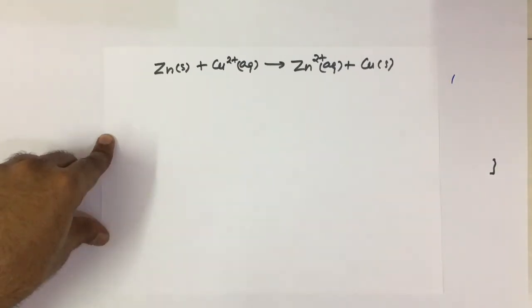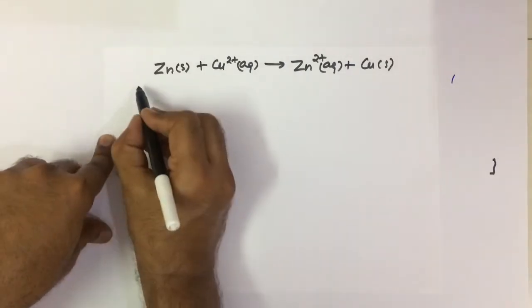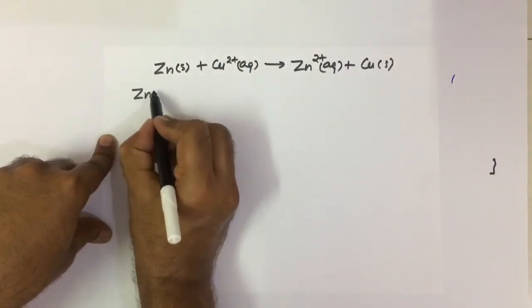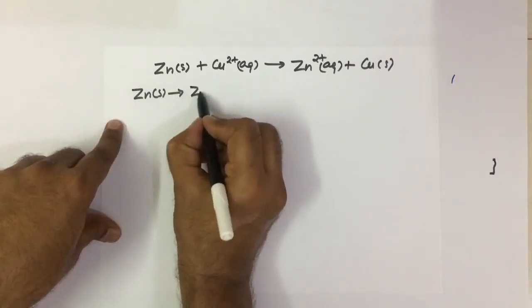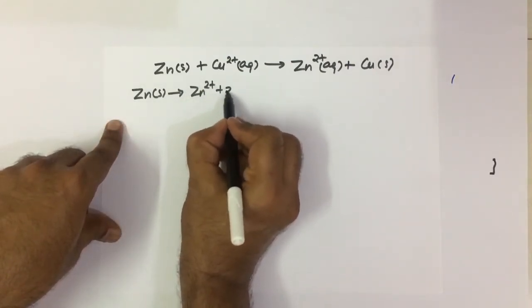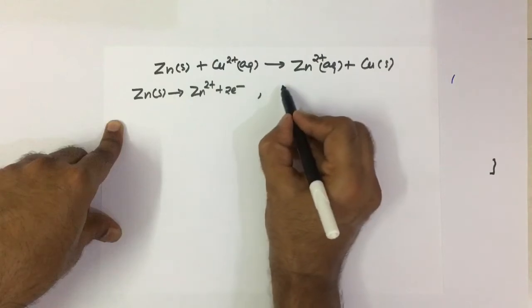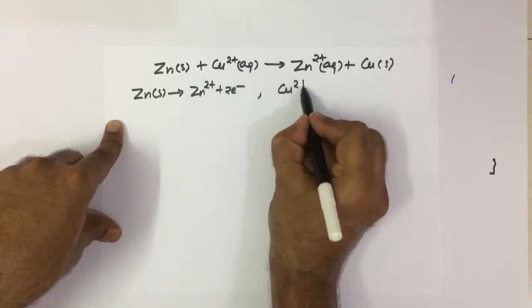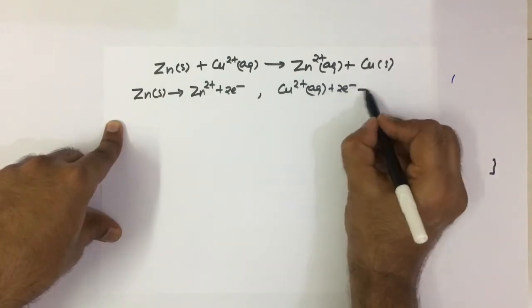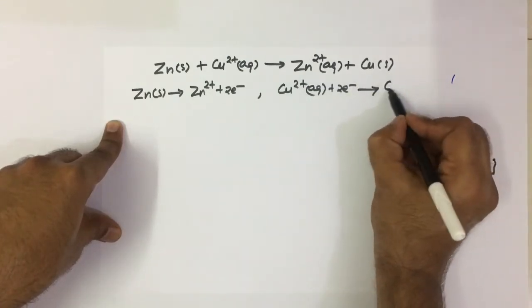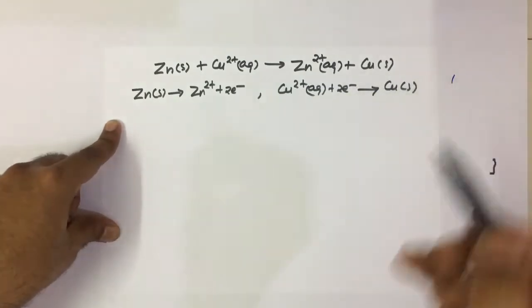So we can split the oxidation and reduction parts. Zinc solid gives you Zn2+ plus 2 electrons. For copper we can write Cu2+ aqueous plus 2 electrons gives you copper solid.